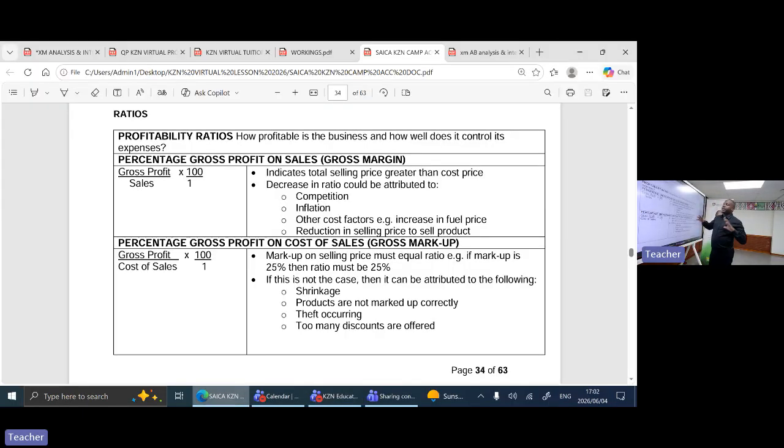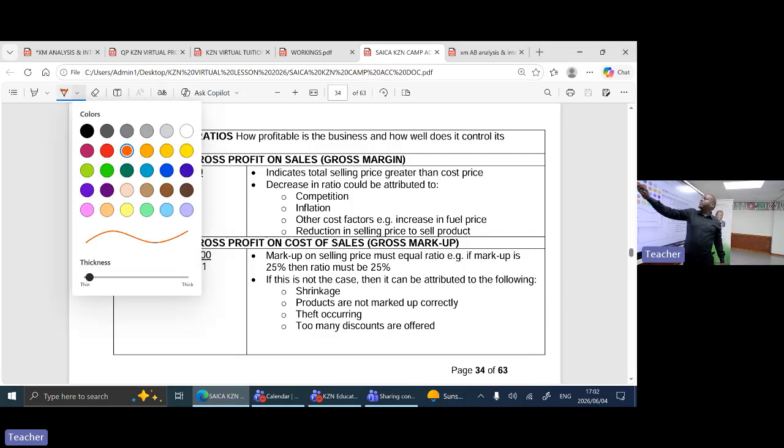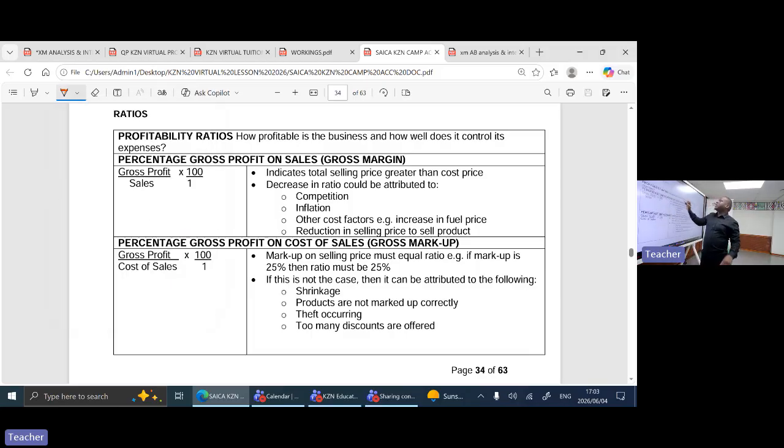Okay, before we go straight to the analysis and interpretation of financial statements, it is better for us to remind ourselves of the ratios. Where are these comments coming from? The comments are coming from the ratios. We call them ratios. But you must also remember that the calculations are done on what is called question 2 with the cash flow.